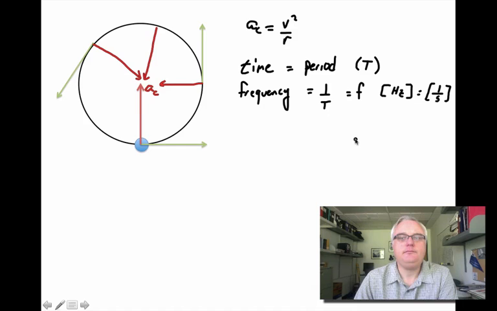So period is measured in seconds, frequency is measured in 1 over seconds, which is also known as a hertz. The frequency is how many circles per second, where the period is the time for 1 circle.